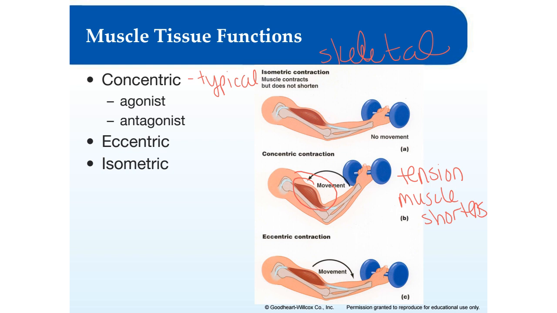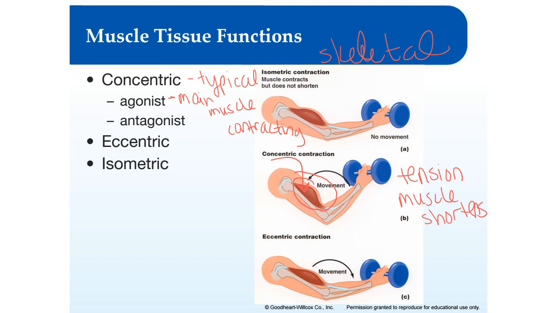And when I do a concentric contraction, I have an agonist, which is my main muscle that is doing the movement, the main muscle that is performing the contraction. So for instance, in our picture here, we have a bicep curl happening. So my agonist here is this bicep muscle on the front of my arm.